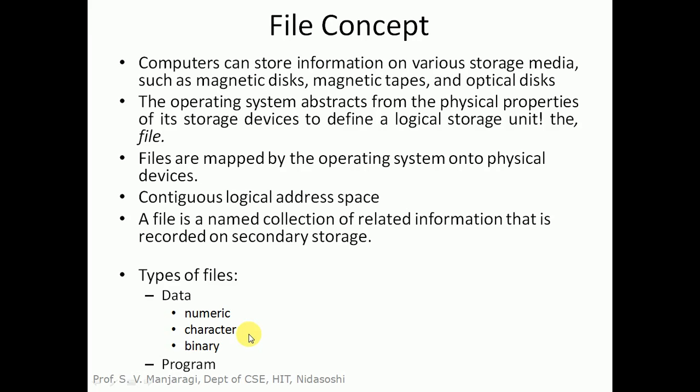For example, a text file is made up of different characters, so that is called a character type data file. A data file might also contain binary information. The other type of file you can find in the system is a program. This program can be either a system program or an application program. Programs are stored in the form of files only.